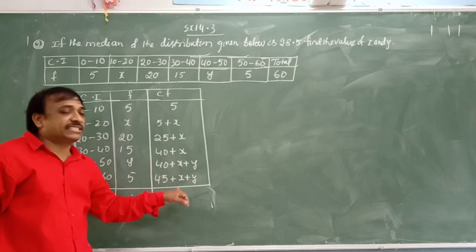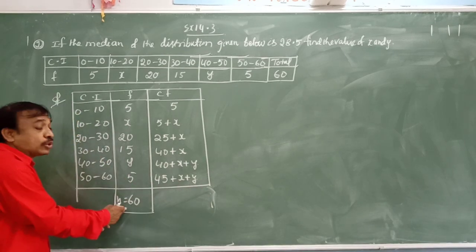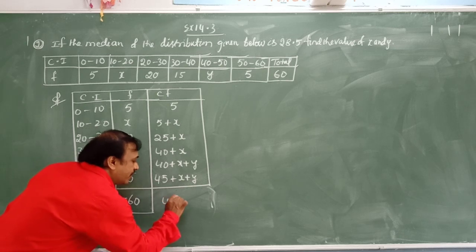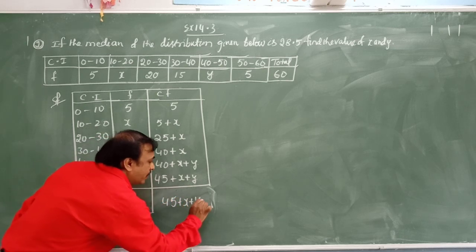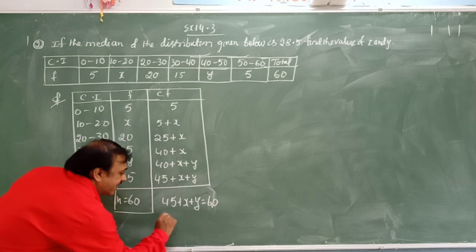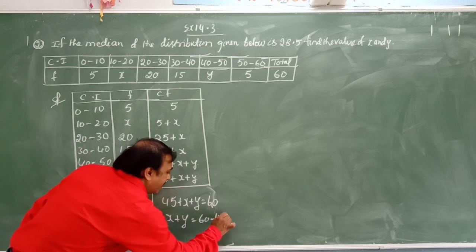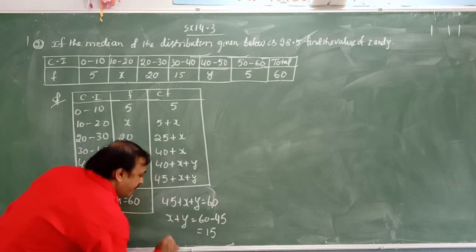Now 45 plus x plus y, which total equals 60. So here I am writing 45 plus x plus y is equal to 60. x plus y is equal to 60 minus 45, which gives you 15.